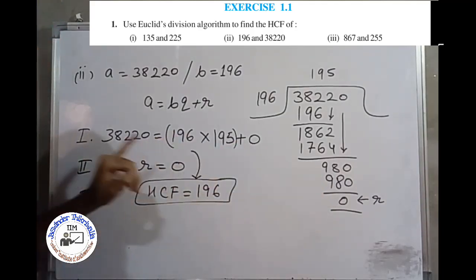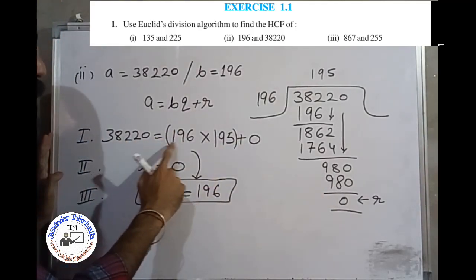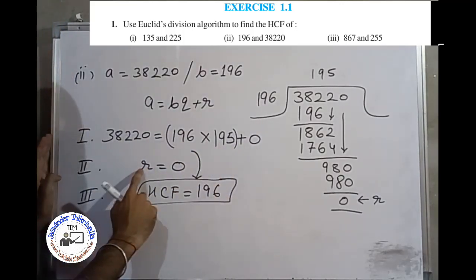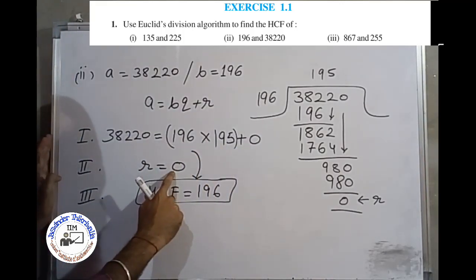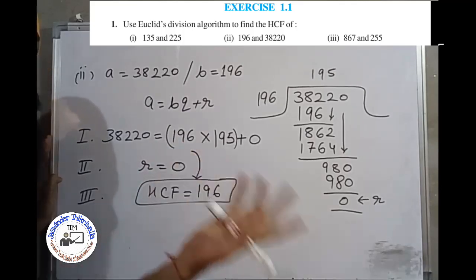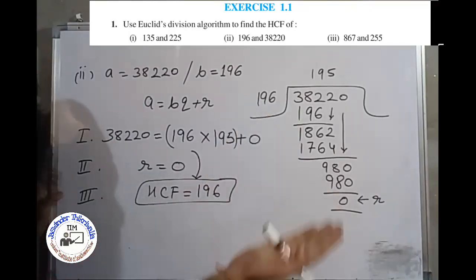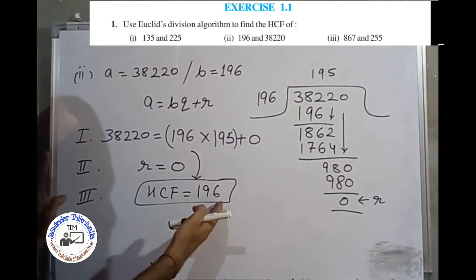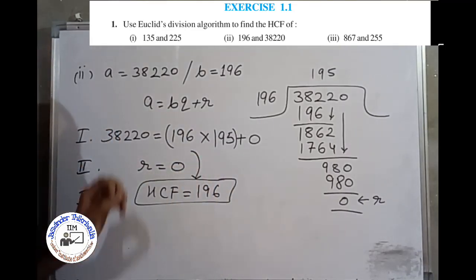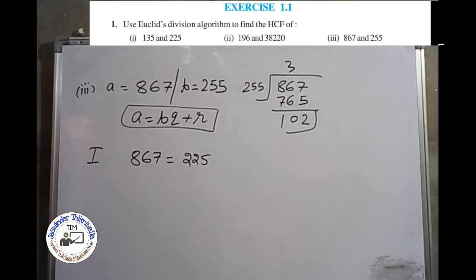So in the first step we have written dividend equals divisor times quotient plus remainder. In the second step we check whether the remainder is 0. If the remainder is 0 then our divisor will be the HCF. So the divisor was 196, so the HCF is 196. It was the second part, it was very easy.